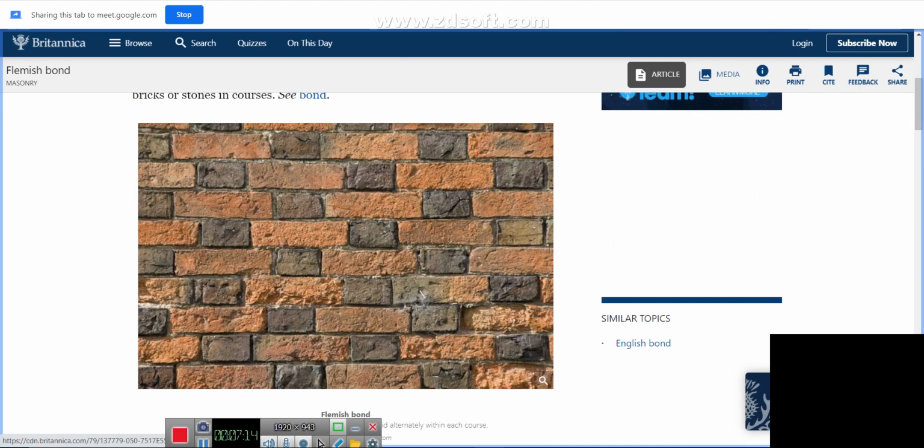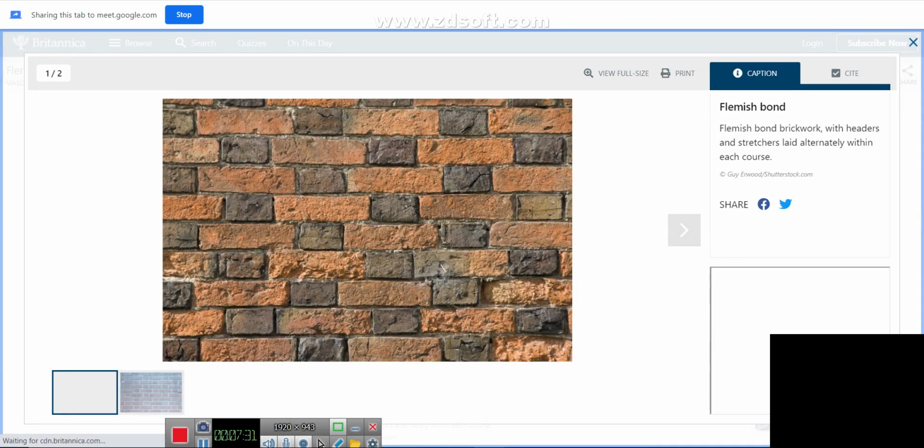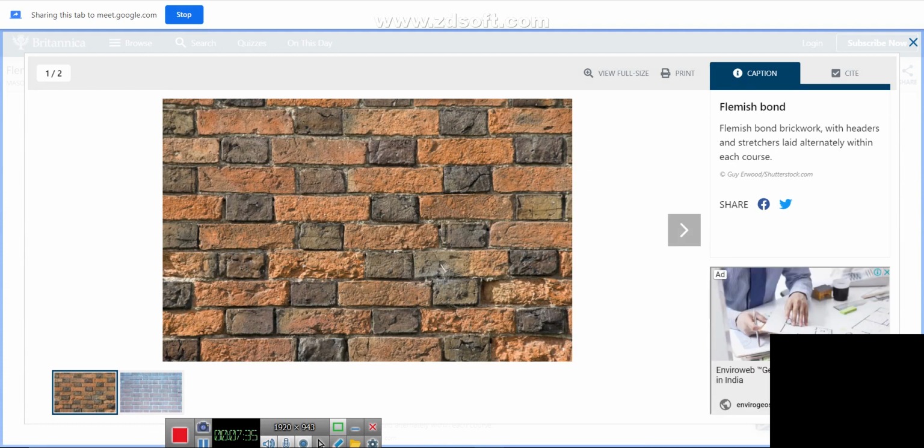Please listen. This light colored thing is your stretcher and this dark colored thing is your header. When you observe the lowermost course in this Flemish bond, you can see that you have placed one header. Next to the header is a stretcher.